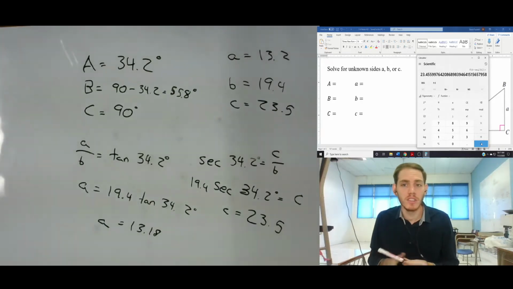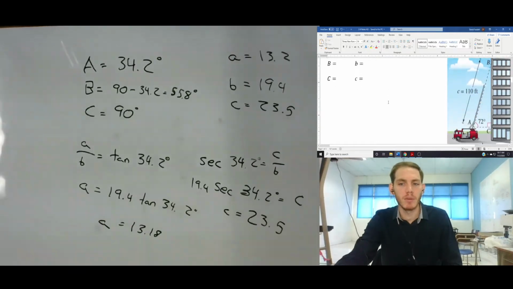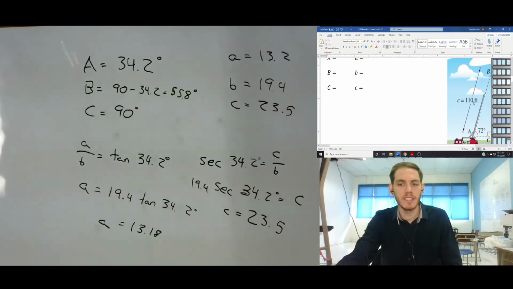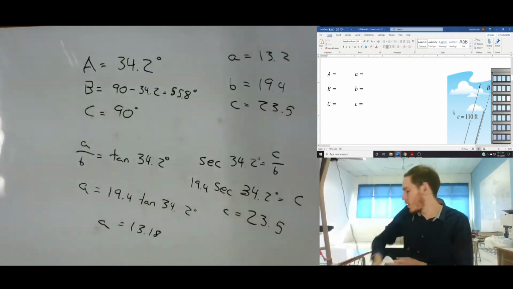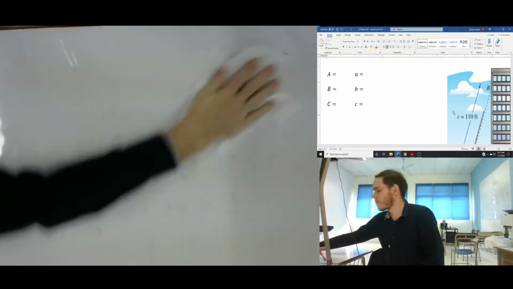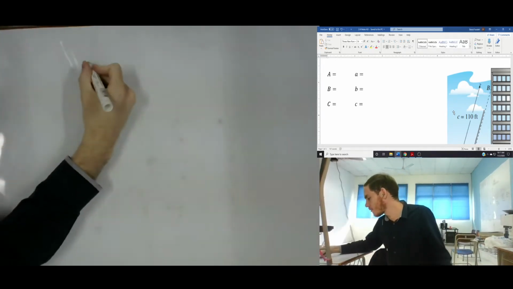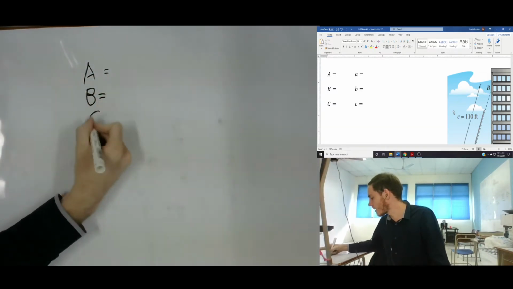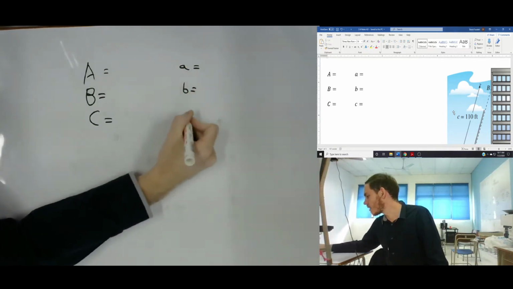Okay, so you can use your calculator to solve these kinds of problems. A very similar problem is this one, where they give us c. We'll work through this really quickly, and then we'll move on. Again, we need to write capital A, B, C, which are our vertices, and then lowercase a, b, and c.